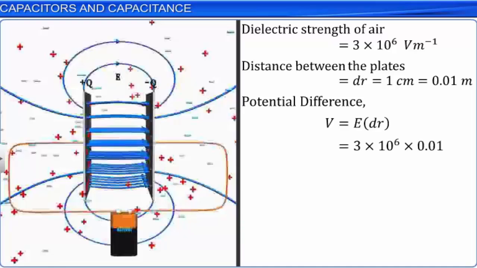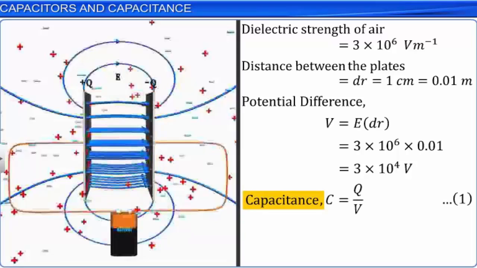Thus, we see that for a capacitor to be able to hold a large amount of charge Q, its capacitance has to be large enough so that the value of the potential difference V between the plates does not exceed the values of the potential difference and the electric field strength corresponding to the dielectric breakdown.